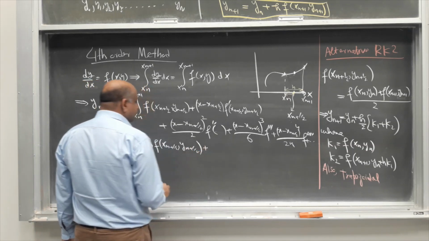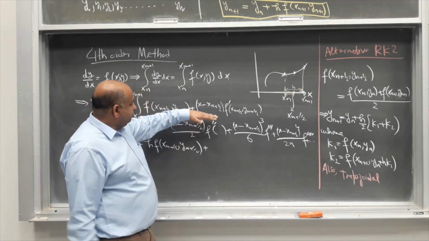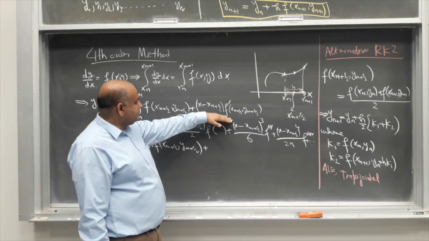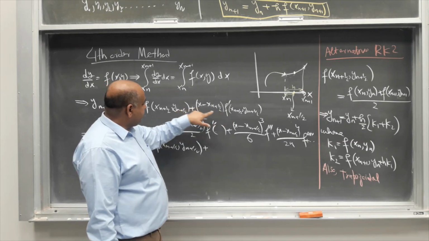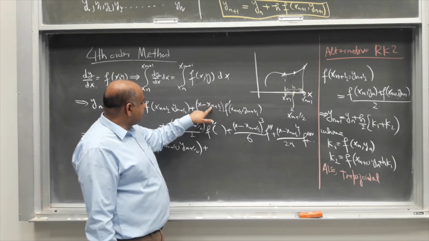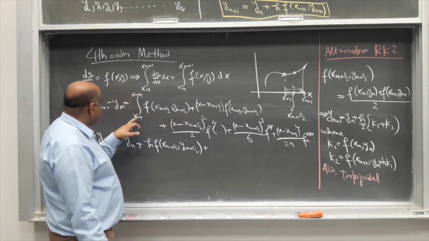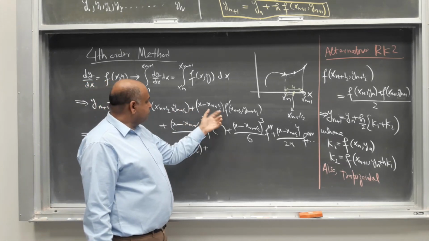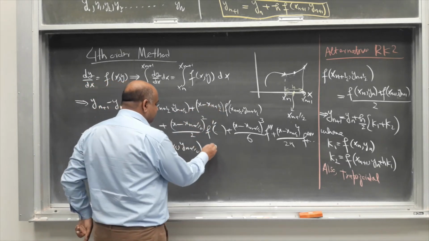And now the integration of the next term would be 0, as we saw when developing the second order method, because when I integrate this, I will get a square, and once I have a square and this point is in the middle of my integration interval, I will get 0. So this term will only give me 0.